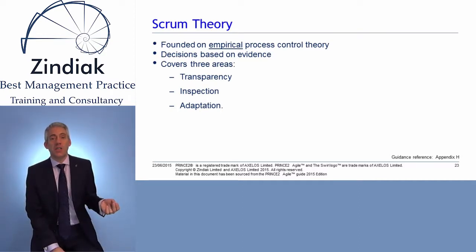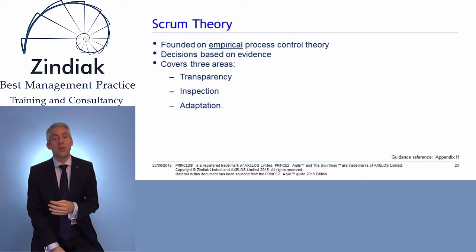Inspection and adaptation are supported by sprint planning, the daily scrum, the sprint review of completed products, of products that are done, and the sprint retrospective. And we'll cover those on later slides, but it's important when we're covering those to recognise that they are supporting inspection and adaptation rather than the other way around.